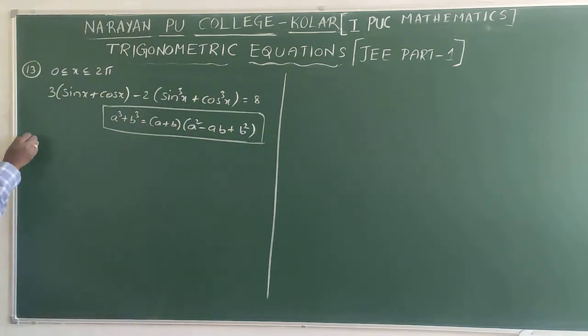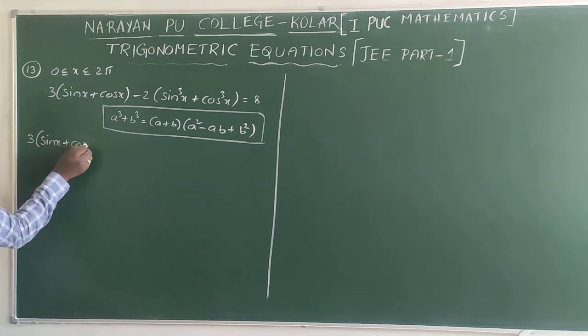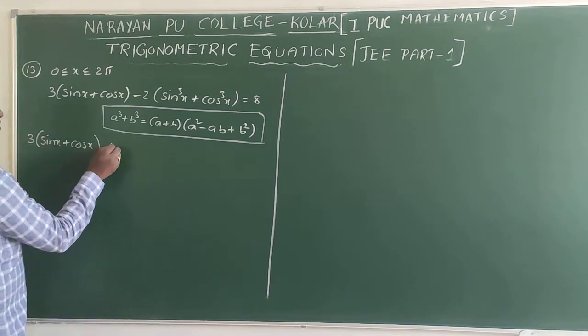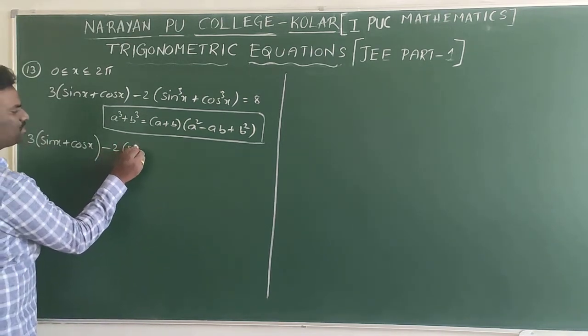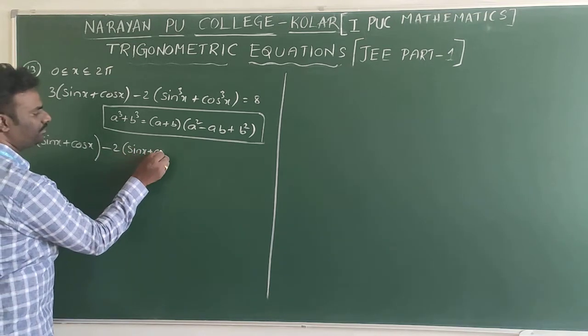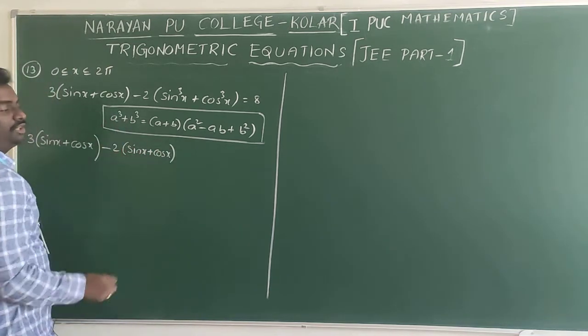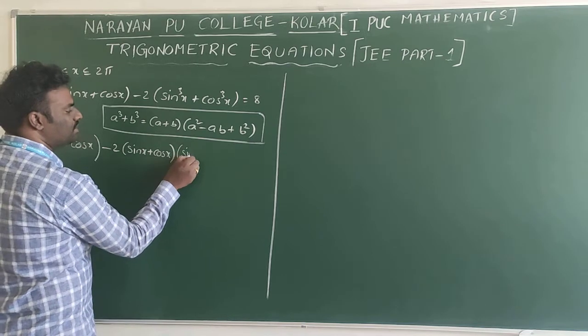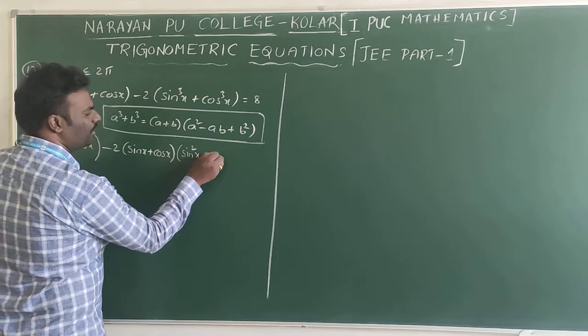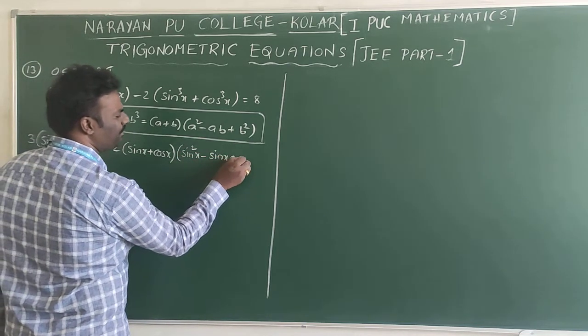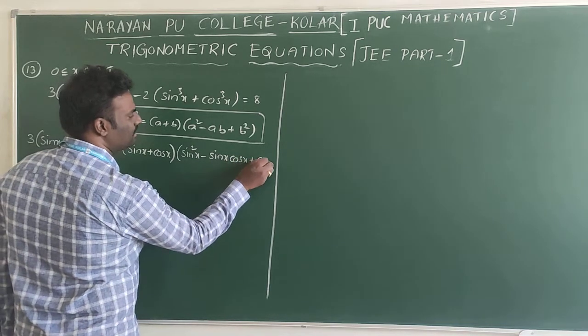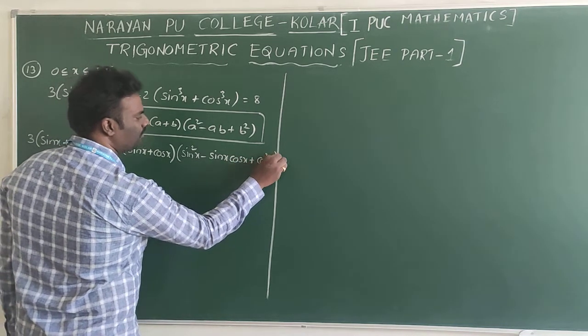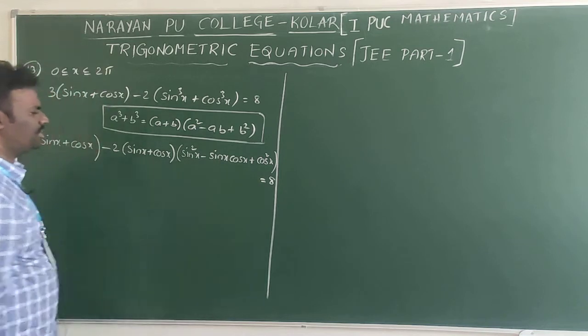Now 3(sin x plus cos x) minus 2(a plus b)(a² minus ab plus b²) is equal to 8.